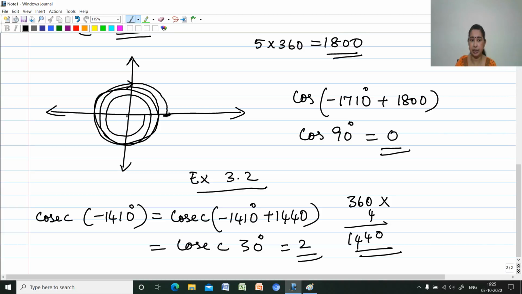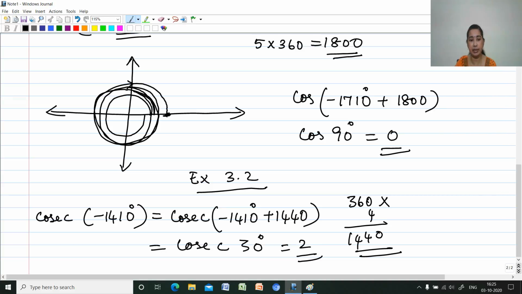So once again I am telling, if it is a negative angle, we have to complete that revolution. That is, you have to take a greater angle and add it with the negative angle, so you will get the positive angle there.